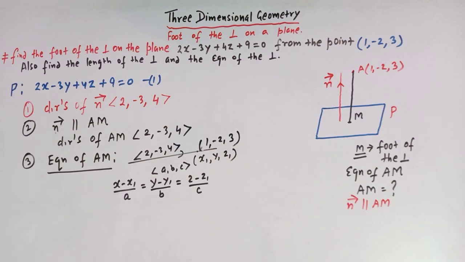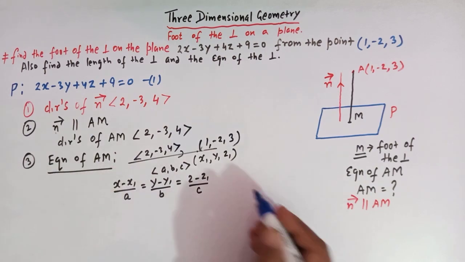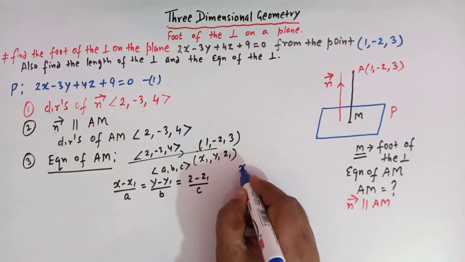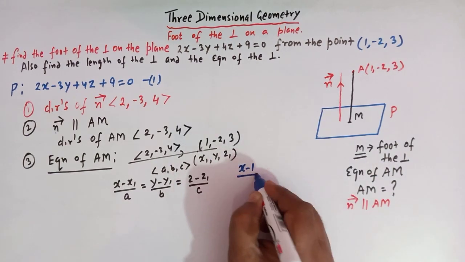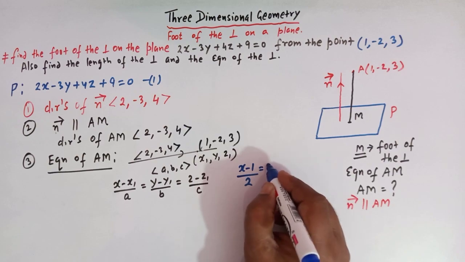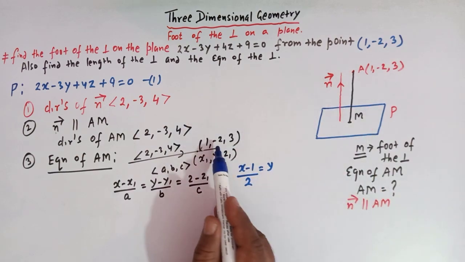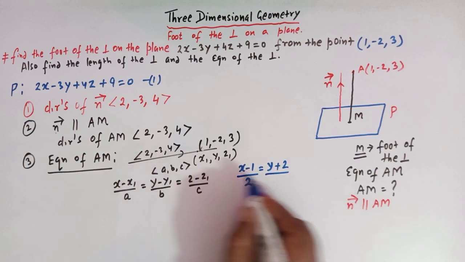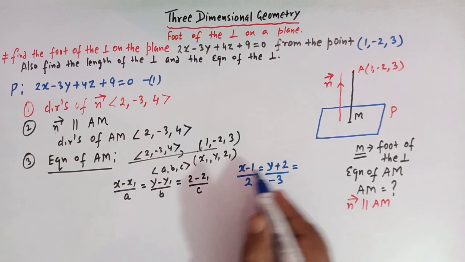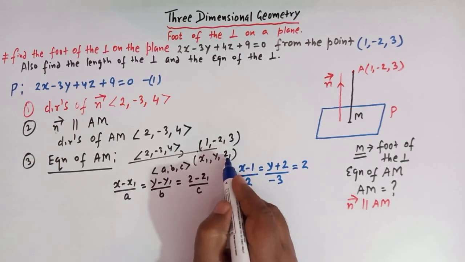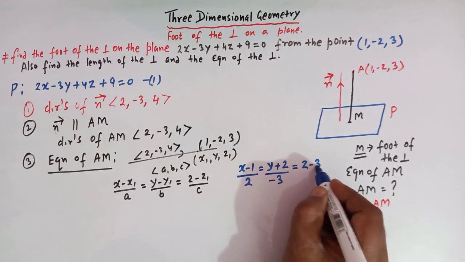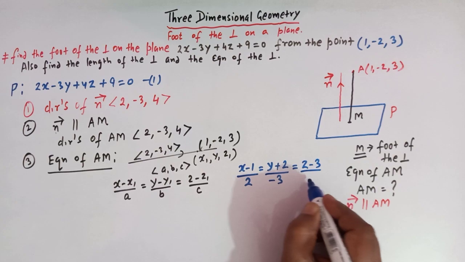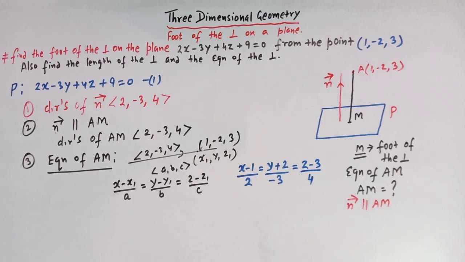Okay, so now we can write the equation of AM as (x minus 1) over 2, then for y, since we have the negative 2, we have (y plus 2) over -3, and then z minus z1, where z1 is 3, so we have (z minus 3) over 4.